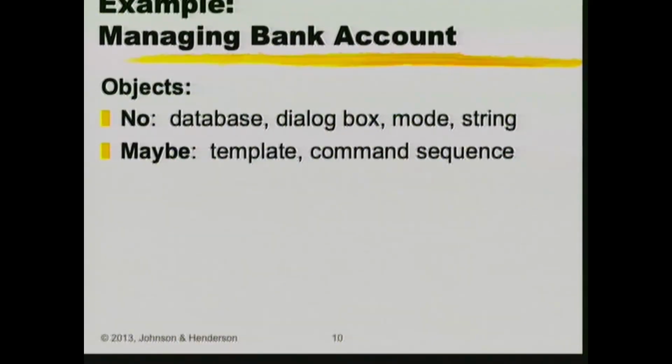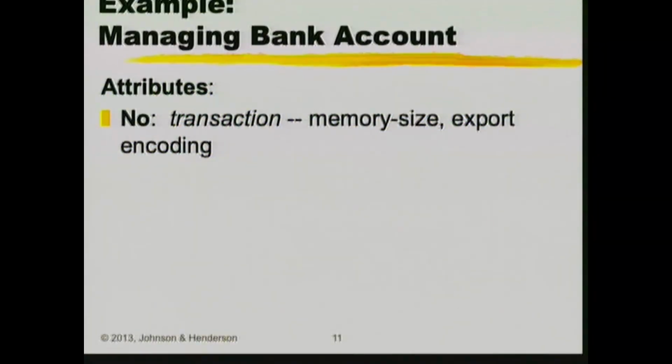So when you're thinking about adding concepts to the conceptual model for an application, do that with what I call resistance. Do it with resistance. You can do it, but there has to be a good reason.